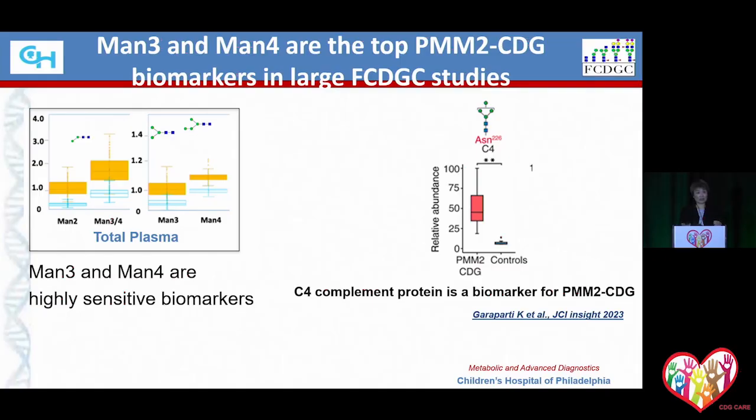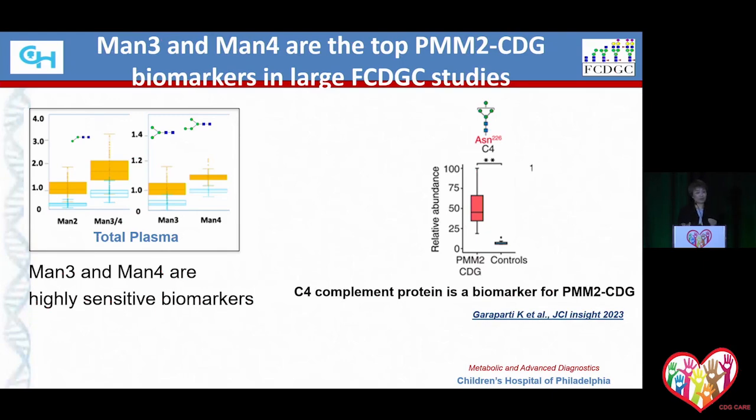Similarly, the Miao proteomics core did a large study with over 60 PMM2 CDG patients, and they found MAN4 from C4 complement protein is a sensitive biomarker for PMM2 as well. So it's good that we have 2 large studies with consistent data.